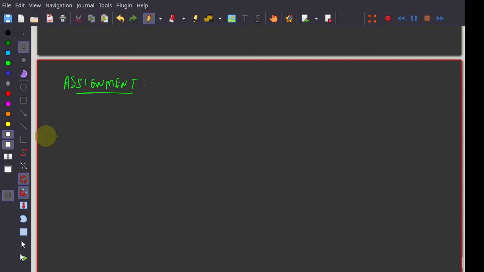What kind of algorithms do you know which run in order n cubed? Like basic algorithms, not necessarily related to error correcting codes, but in general.